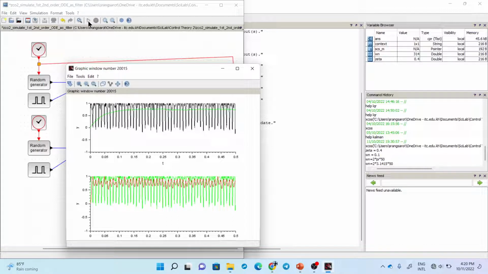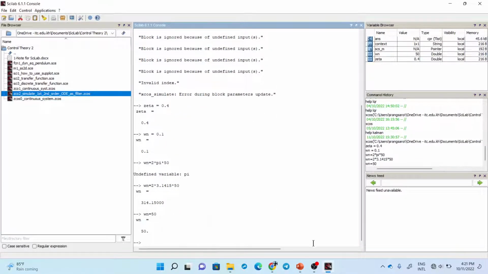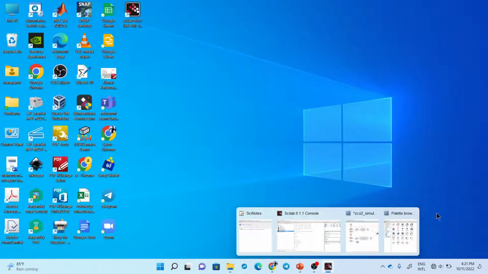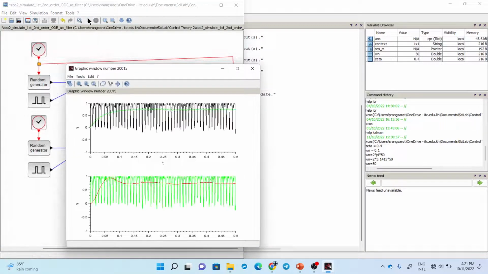Yes, omega n is somehow too big. So for the second order, it's a little bit difficult to design, I would say. Okay, let's say just 50. Let me close the graphic first and run again.